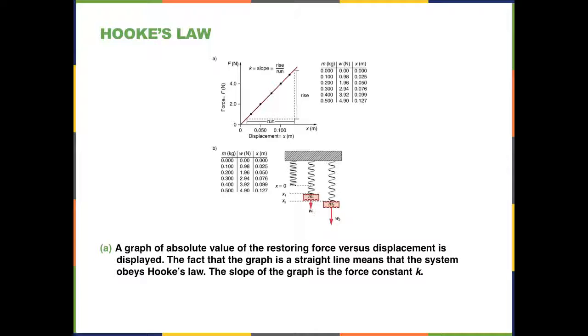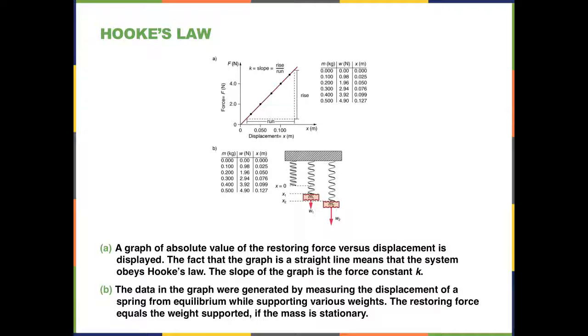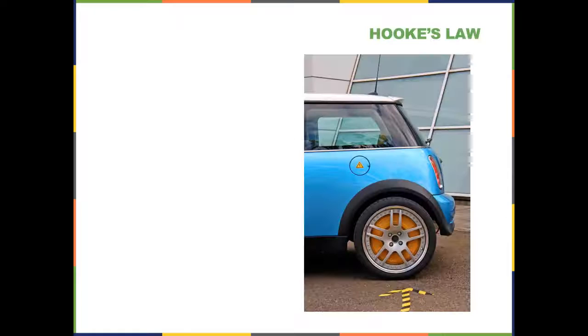So the rise over the run, the slope, is the force constant. You can do this in various ways with different springs, and you get different results. The mass has to be stationary in order for this to represent the restoring force.